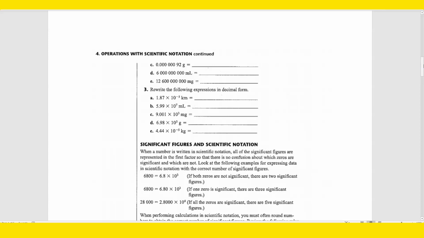All right. So in the next example, you've got 0.0000092. Let's count the zeros to make sure we have the right exponent. We have 7 zeros. So our exponent is going to be negative. So we're going to just simply write 9.2 because we only have 2 significant digits, the 9 and the 2. 9.2 times 10 to the negative 7th power.